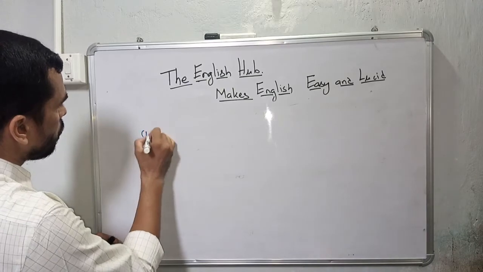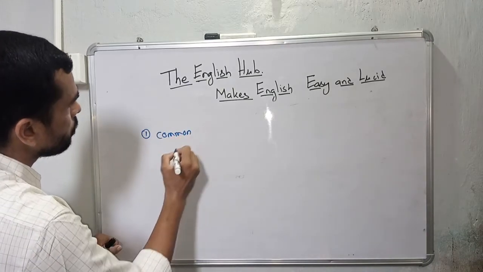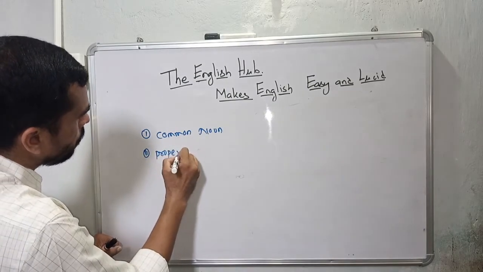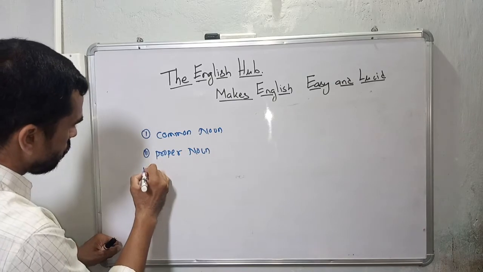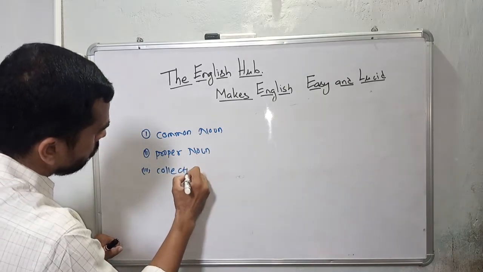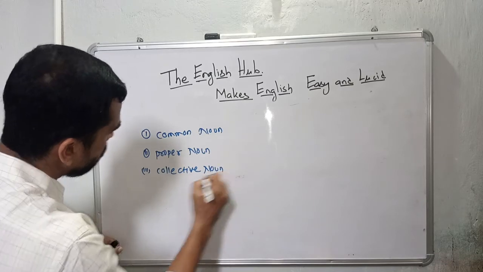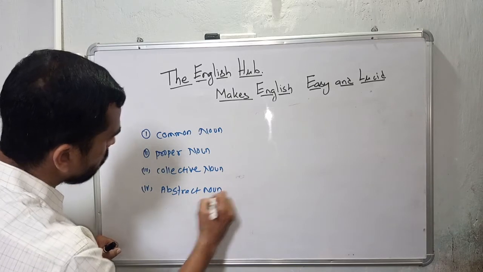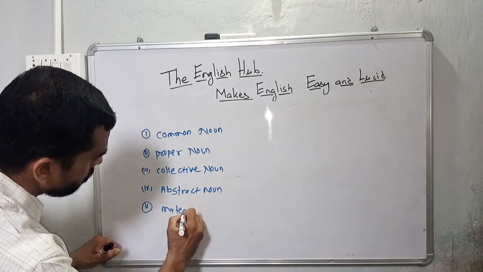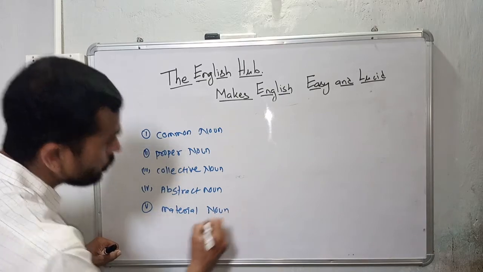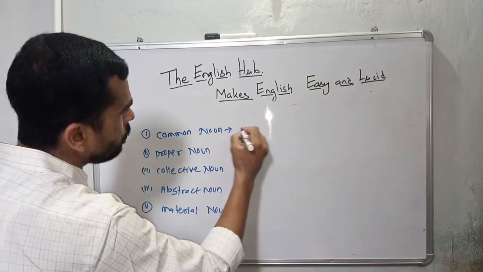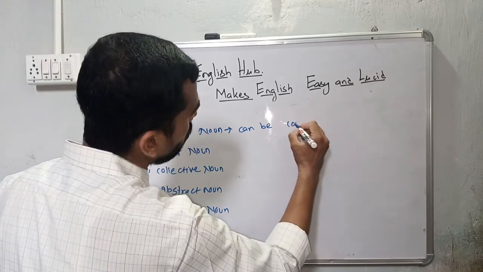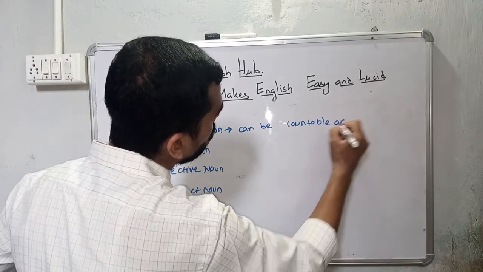I have said that: common noun, proper noun, collective noun, abstract noun, and material noun. Out of these, only common noun can be countable or uncountable.